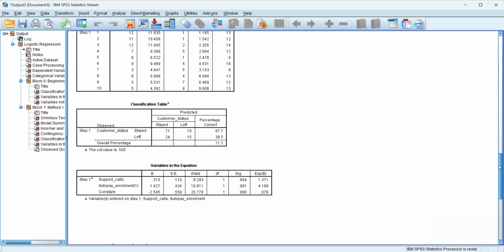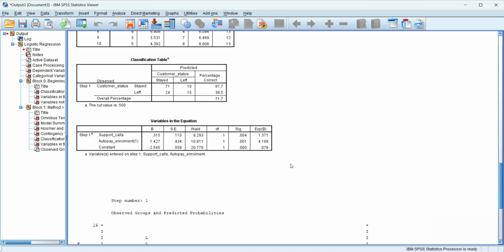And we go to next, classification table, and we see variables in the equation. These are the main results. We can see here support calls and the unstandardized beta value is 0.315 and the Wald value is 8.293 and the p value is significant because the p value is less than 0.05.